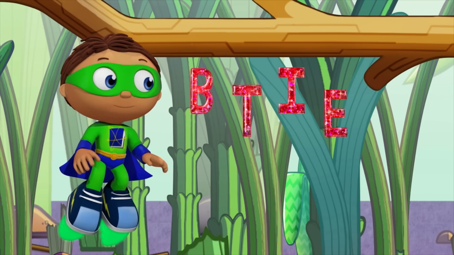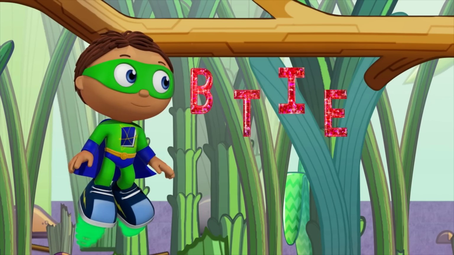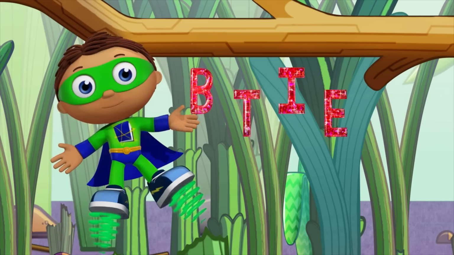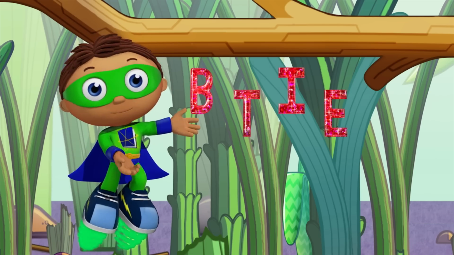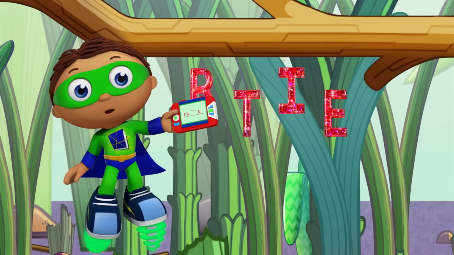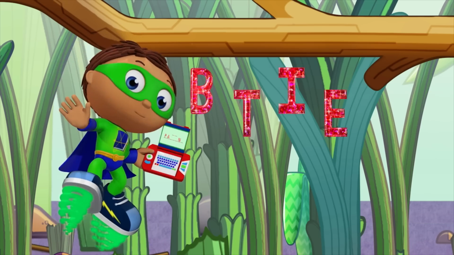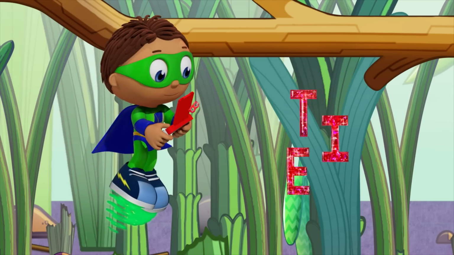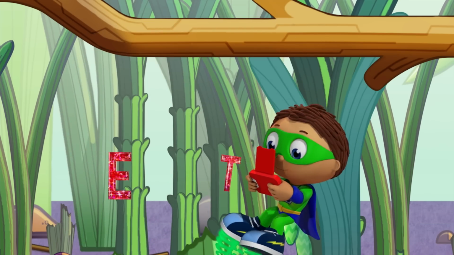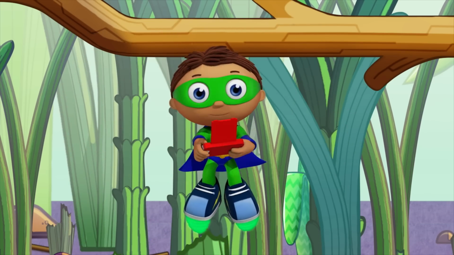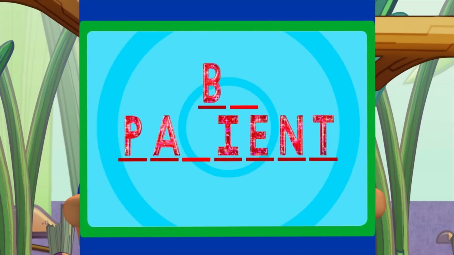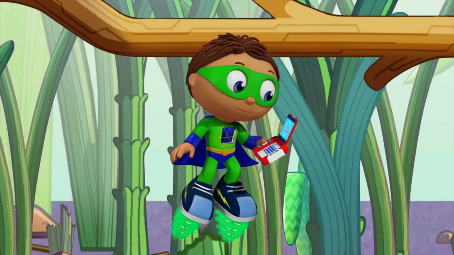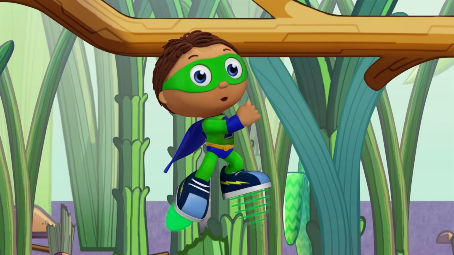B, T, I, E. Now we need to put them into our super duper computer. Two more super letters, and then we'll get our super story answer. Great letter catching, super readers.